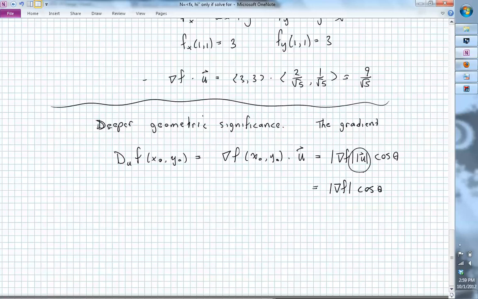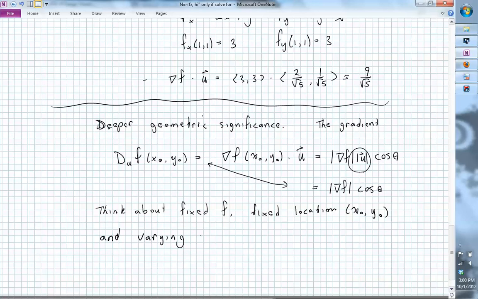all right, what I want you to do is I want you to connect these two guys, and I want you to think about a fixed f and a fixed location and a varying u.